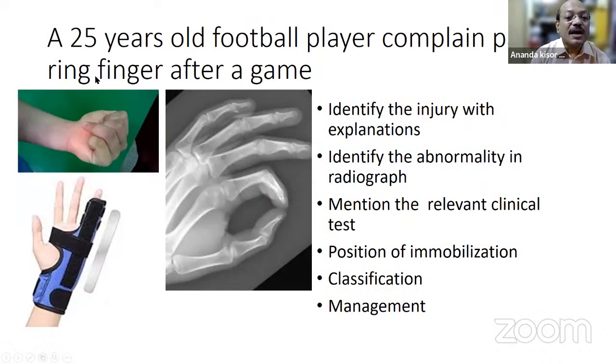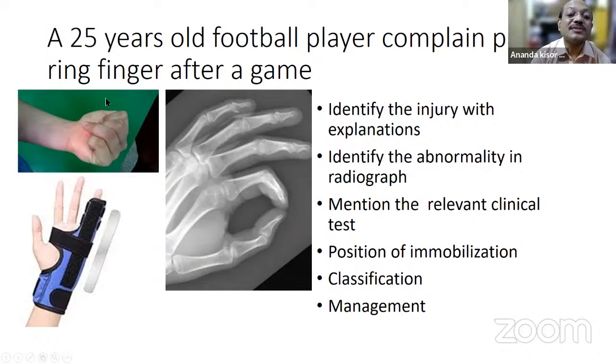If you ask the patient to make a firm fist in this manner, all the fingers can be flexed, but the ring finger cannot be flexed, and it is painful. If you check, there is pain on the flexor, palmar aspect of the ring finger, just opposite the base of the distal phalanx.